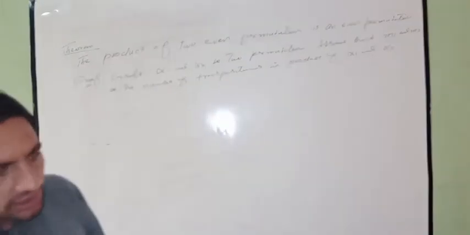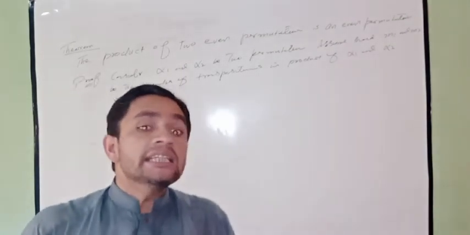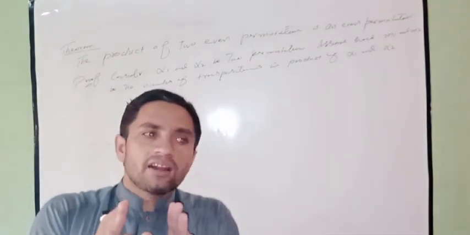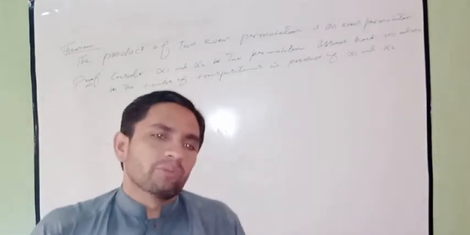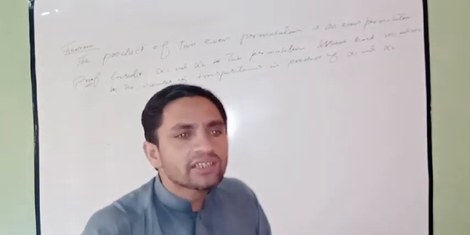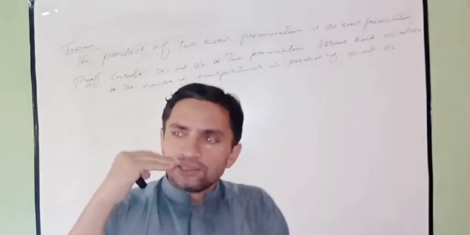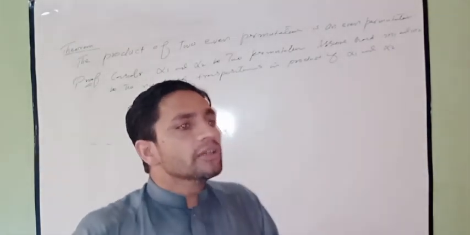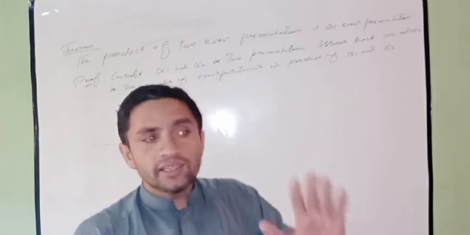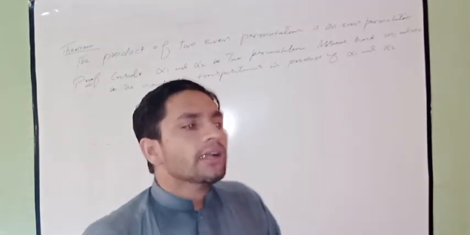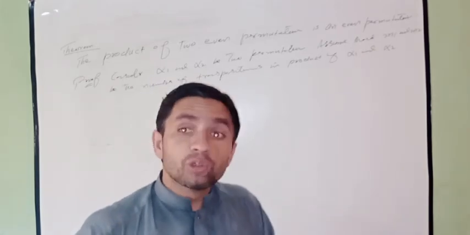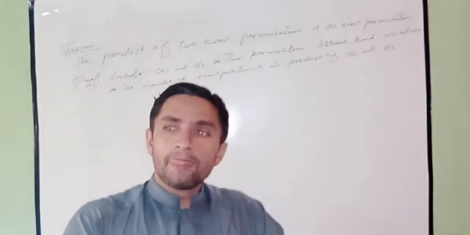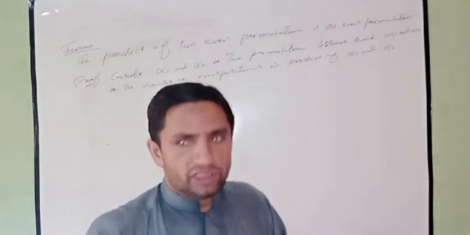Because we know that a permutation is said to be even if there is an even number of transpositions in the product of the permutation. If alpha 1 is even, it means there is an even number of transpositions in its product, and I assume that there are m1 transpositions in the product of permutation alpha 1, and similarly alpha 2 is an even permutation.